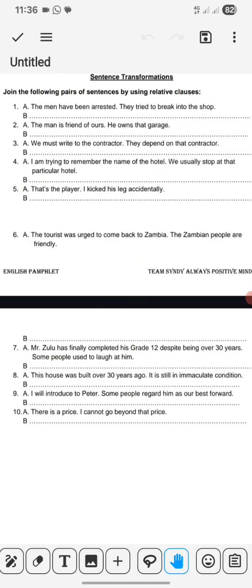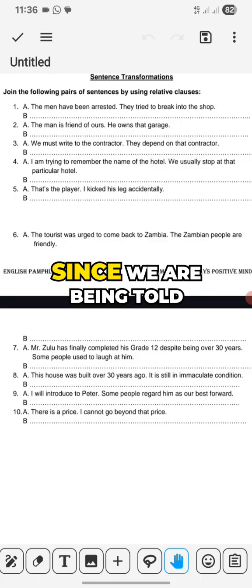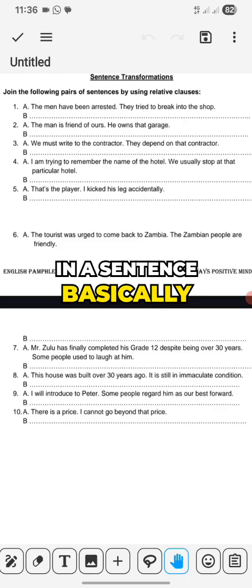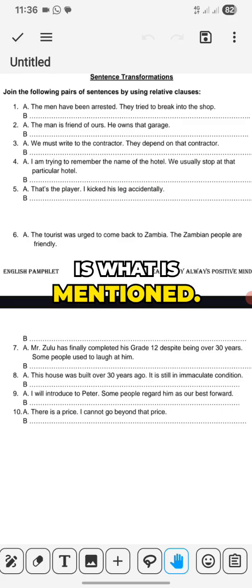Now someone or something in a sentence basically is a subject. So a subject of a sentence is what is mentioned.